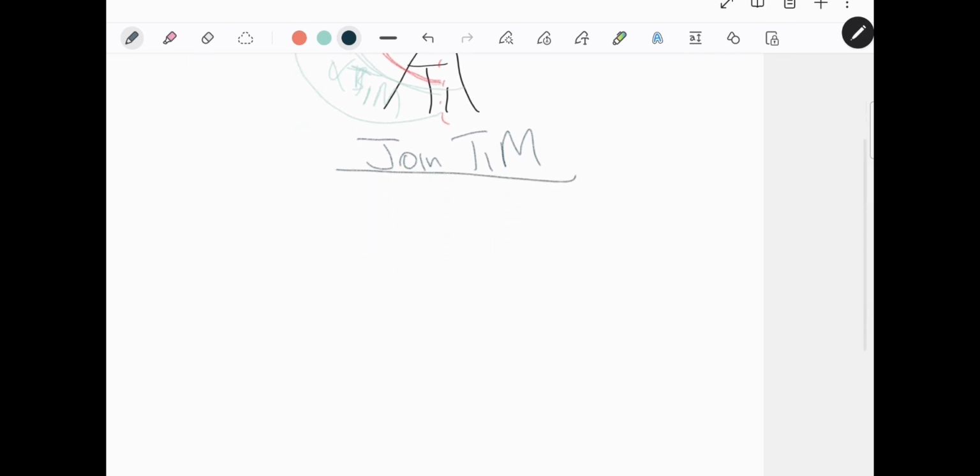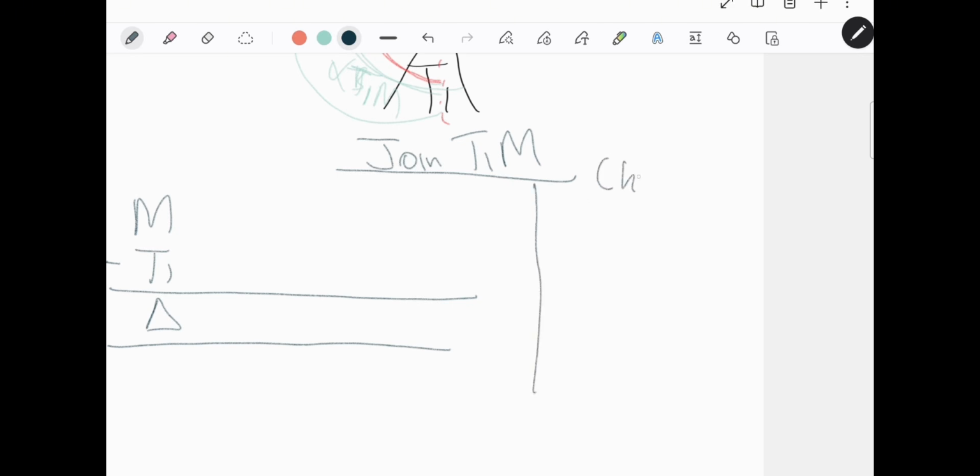From what you were taught in class, when you have something like this, you're going to have M minus T1, which will give you your change. That's how you're going to perform this join. So this is how you're going to answer the question. So this side you're going to have your check. Remember, a join calculation has a check. So now let's write our coordinates.